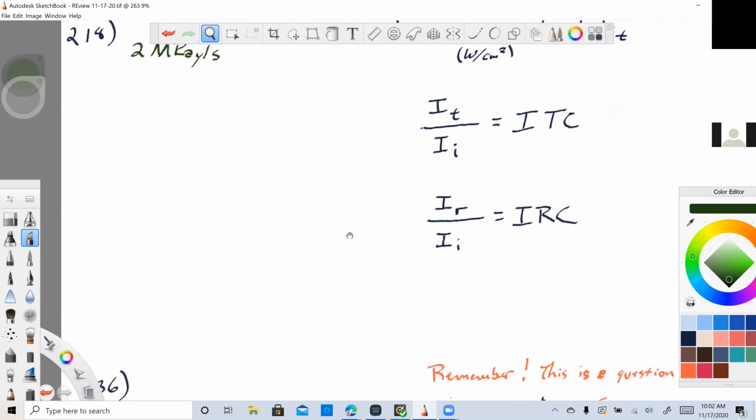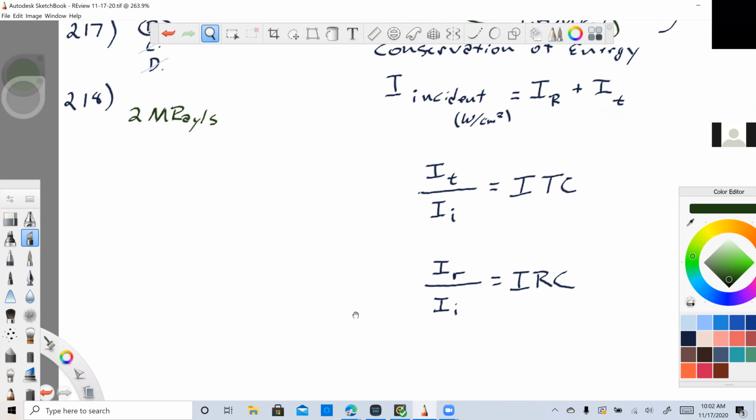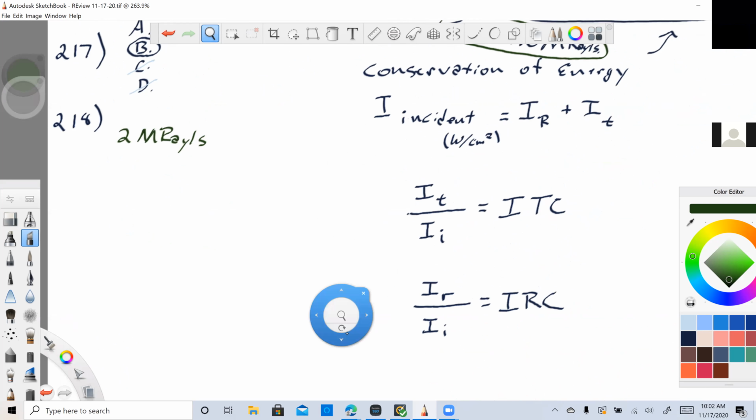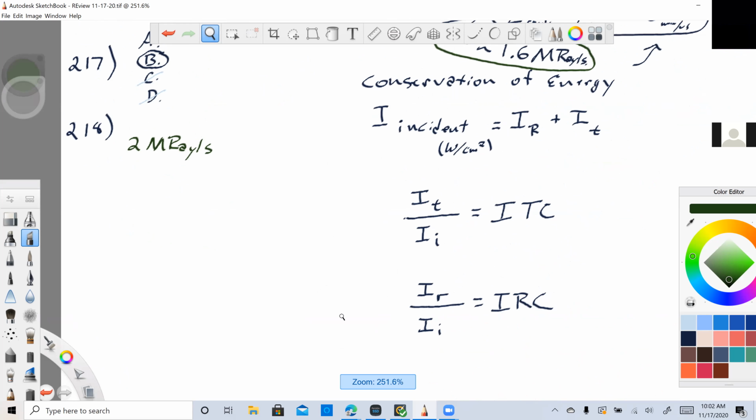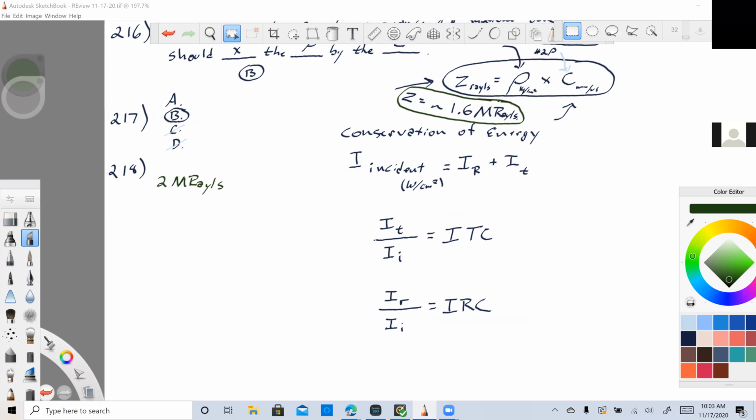Ooh, I have these conservation of energy things here. I can't remember if I was going to do something with those.